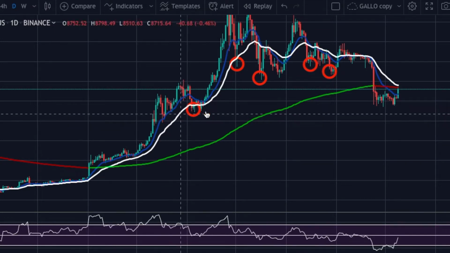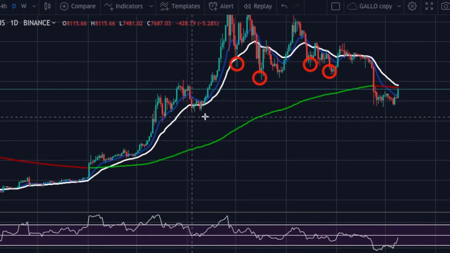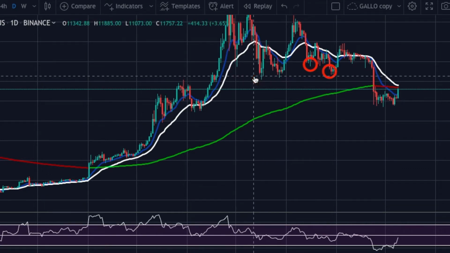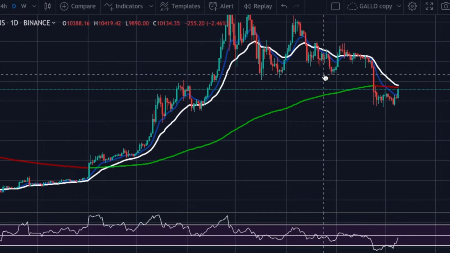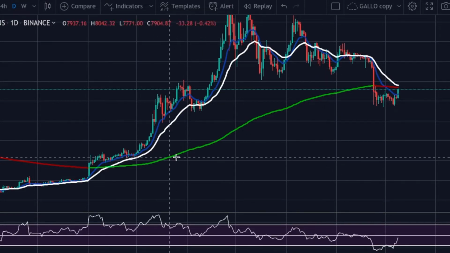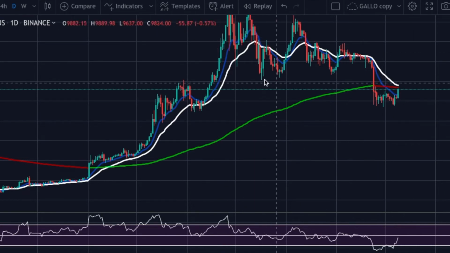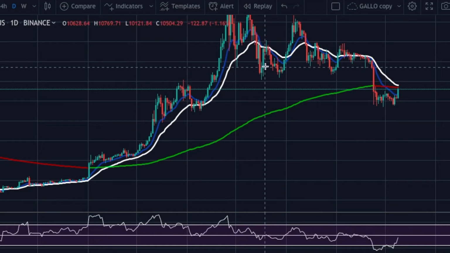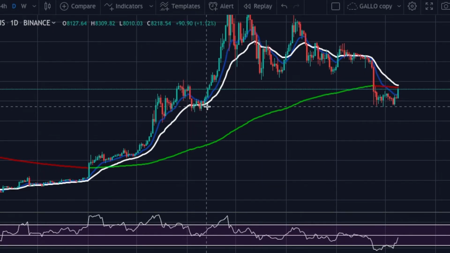To spot the entries, you've got to go back to the hourly time frame and watch the RSI at 30, and you're kind of assured that every time the 26 is above the 200 EMA and there is a flash down, the market is going to buy the dip aggressively, as you saw here, because it's a kind of a healthy correction.